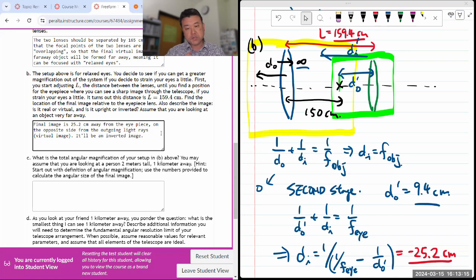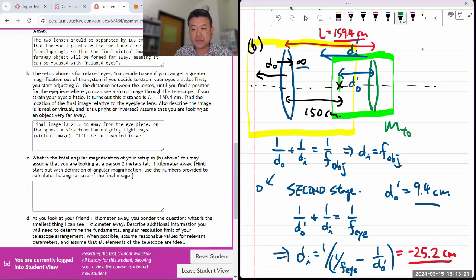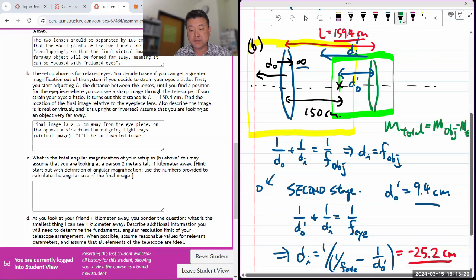And if you want to justify why it would be inverted, you would work through the total magnification, which is equal to the magnification of the objective times the magnification of the eyepiece. The magnification of the objective, which is equal to minus di over do, is going to be negative because both the do and di are positive.